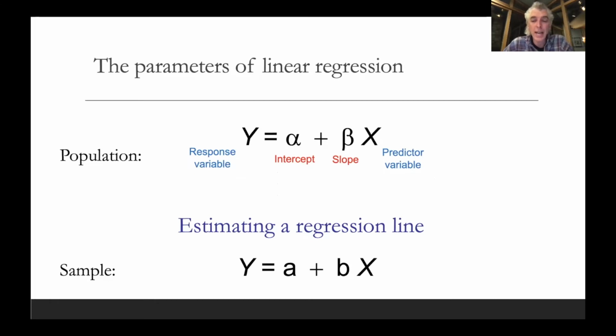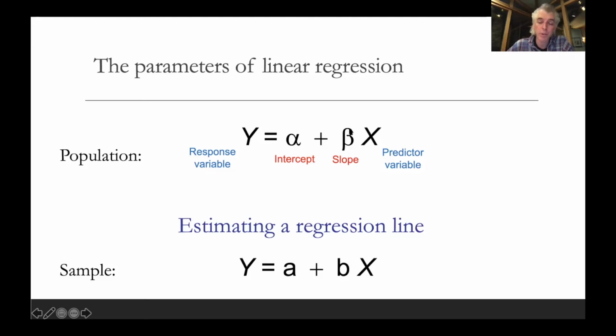Now, just like any of our statistical measurements that we've talked about so far, we represent parameters from the true population using Greek letters and estimates from our sample using Latin letters. So in the case of a linear regression, we represent the intercept and slope from the population using alpha and beta.